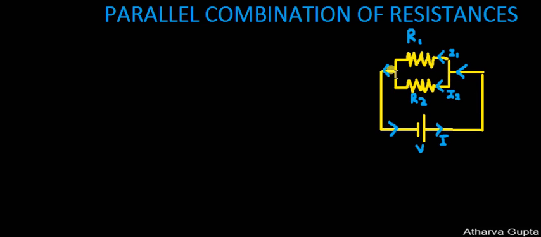So now we'll see how we can find out the R equivalent of these two resistors which are connected in parallel. For the resistors R1 and R2, we know that the voltage across them is going to be the same because their two terminals are the same. So from Ohm's law, we can say that V is equal to R1 times I1.